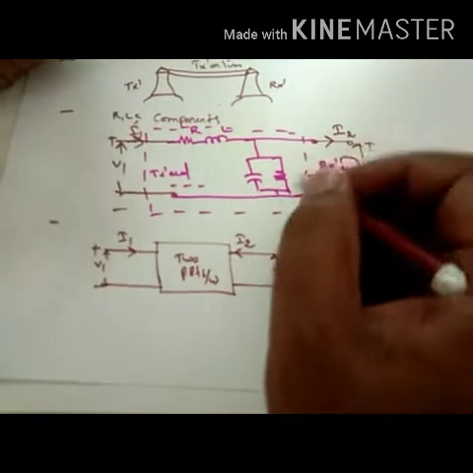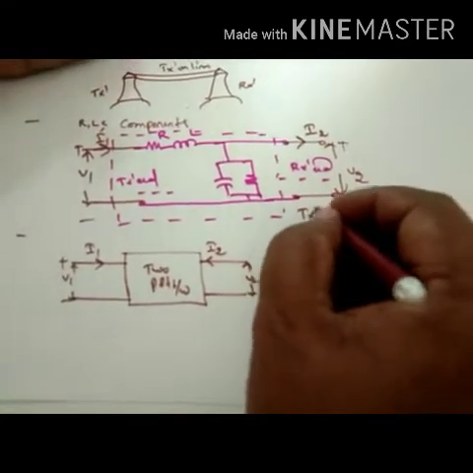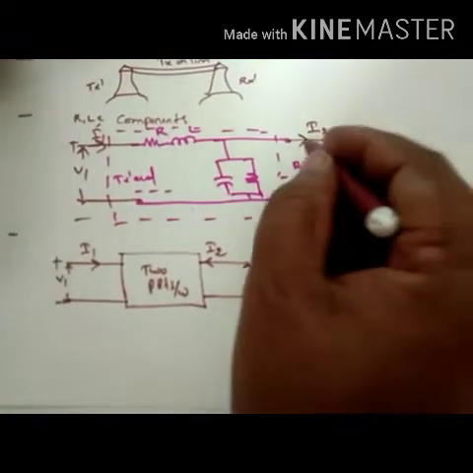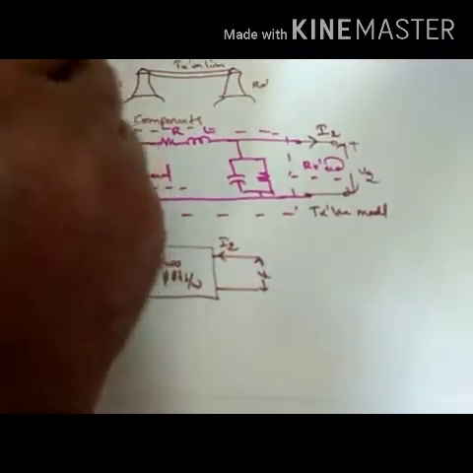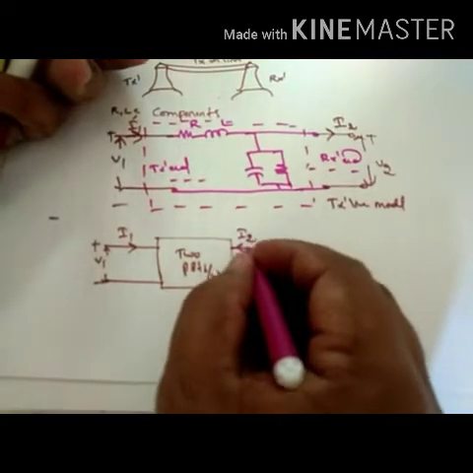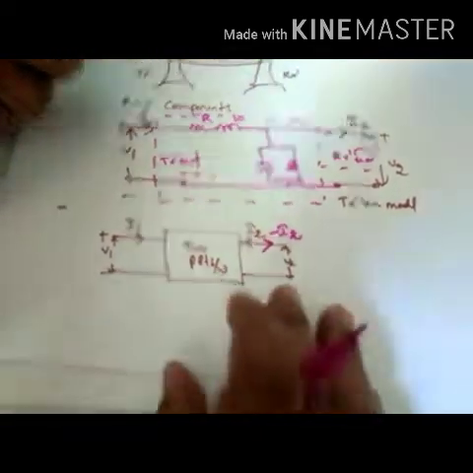But compared to this, in the transmission line model, I2 is the outgoing current. So how can we represent it? The I2 current in this direction is minus I2 in this direction.